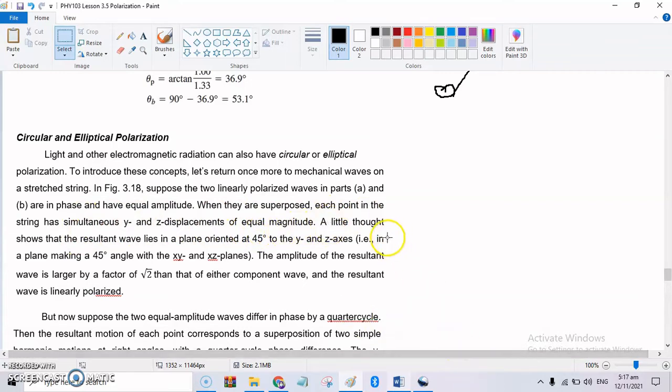A little thought shows that the resultant wave lies in a plane oriented 45 degrees to the y and z axes. The amplitude of the resultant wave is larger by a factor of square root of 2 than that of either component wave, and the resultant wave is linearly polarized.